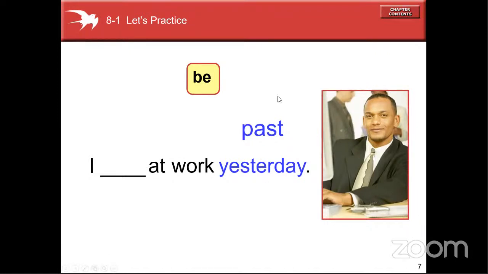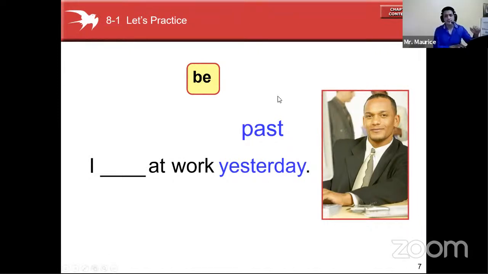Was. Very good. Don't confuse. I heard someone said were. Were is for plural. Podemos utilizar I were, pero eso es una estructura diferente que se la conoce como condicionales, conditional. Okay, and this is no way conditional.